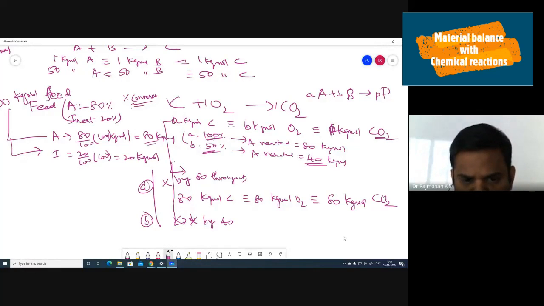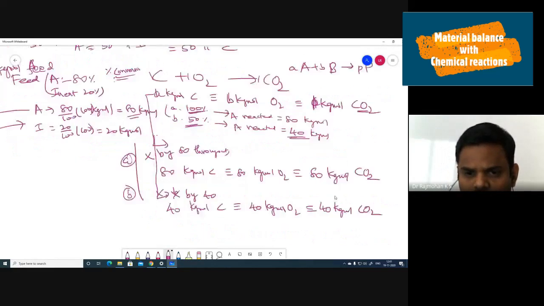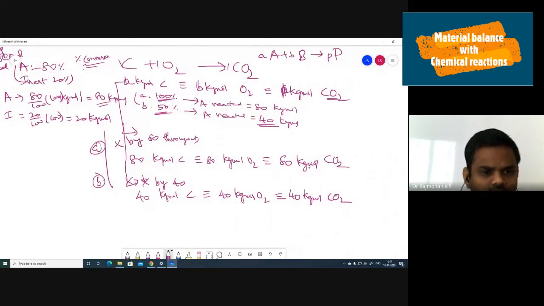You are going to get 40 kg mole of carbon reacts with 40 kg mole of oxygen to form 40 kg mole of CO2. So this is one case. If the conversion is 100% and if the conversion is not 100%, this can make a difference. So this can be done for different percentages of conversion.